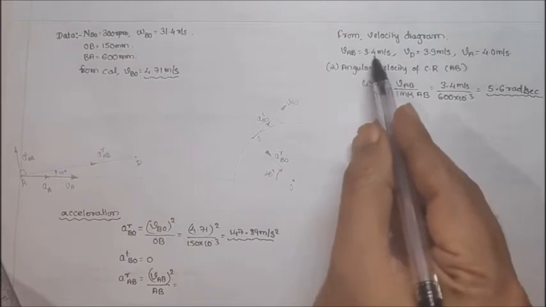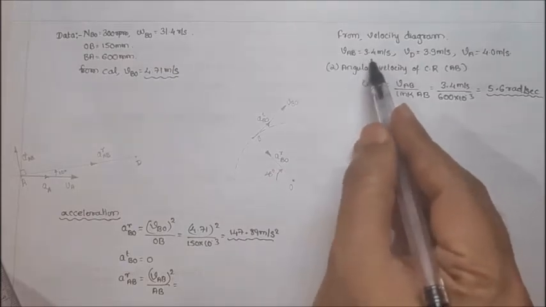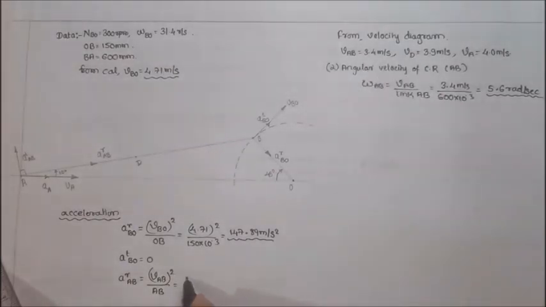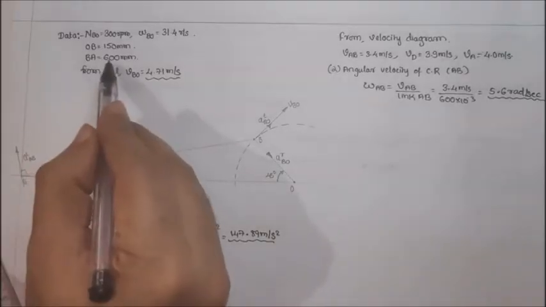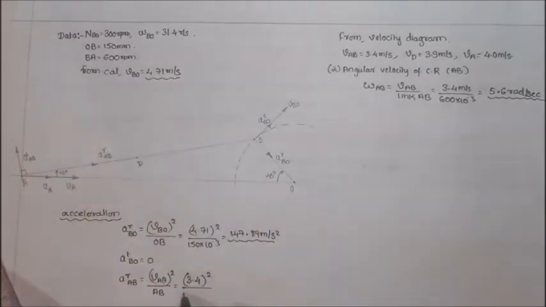From the velocity diagram we had this one, so it is 3.4 to the power 2 by AB link. We have AB equal to 600, so 600 into 10 to the power minus 3. So the value of this one is somewhere near 19.26 meter per second square.